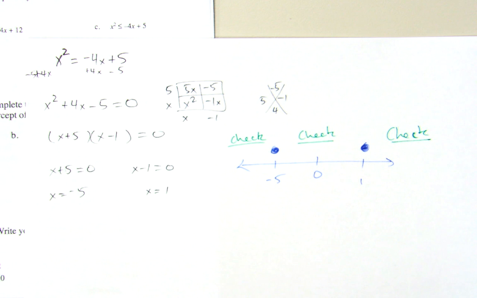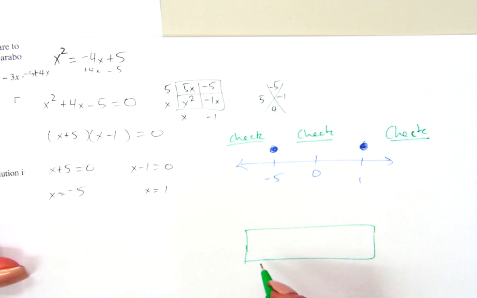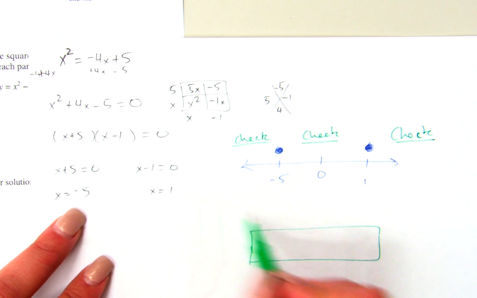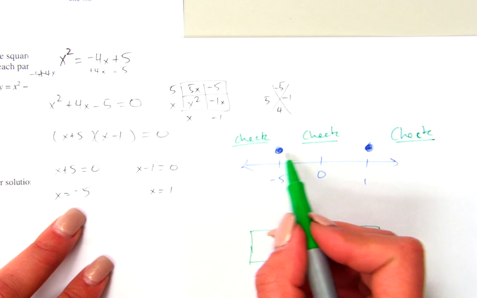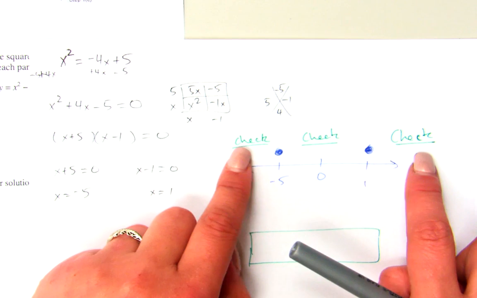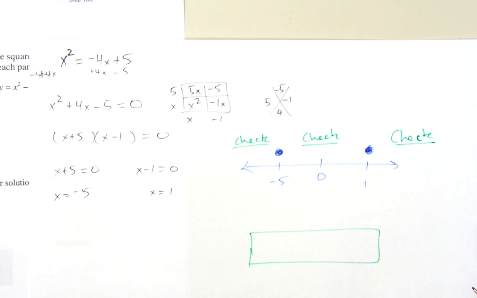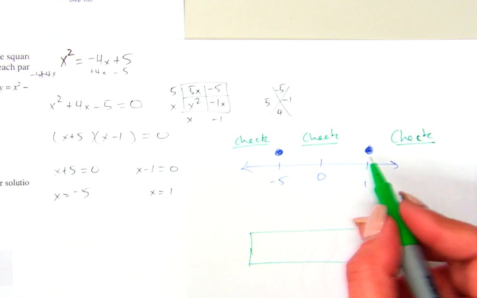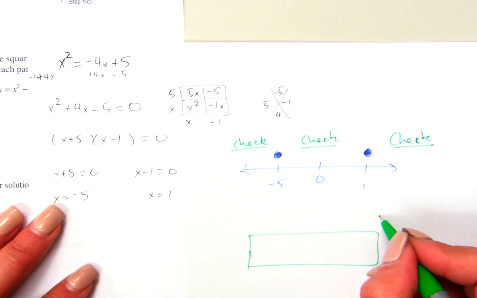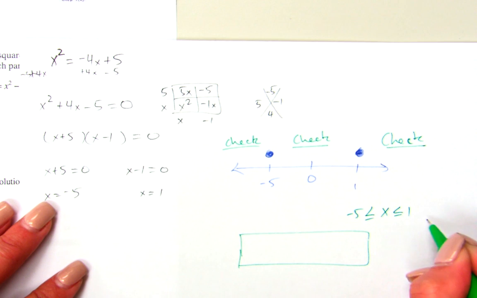Okay, your final answer should be, actually it gives you a hint in step 1, but this is obviously not your final answer. You actually need a final answer. So the question is: are you going to shade in between, or are you going to shade out here? If the shading in between is true, then your answer will be x is greater than or equal to negative 5 and less than or equal to 1.